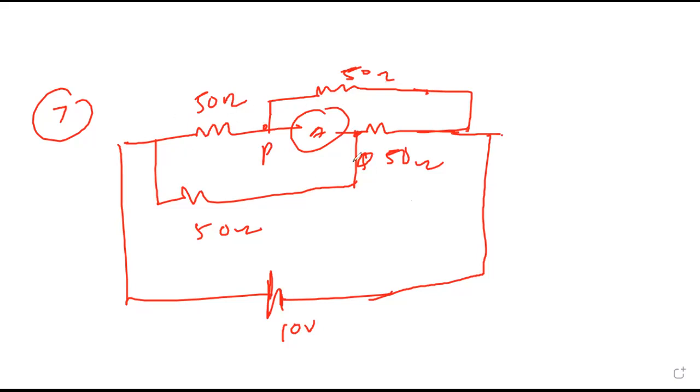Whenever you see such type of circuit, I had told you to give some number to the common points. This point, if I call 1, obviously this point is 2 because there is resistance in between. This point will be 3, and this point will be 4.